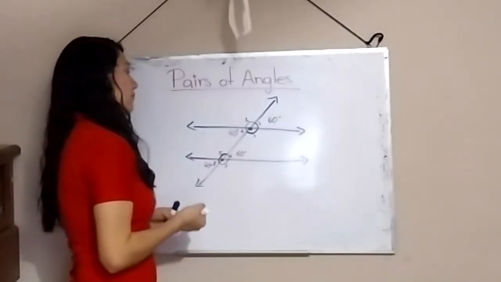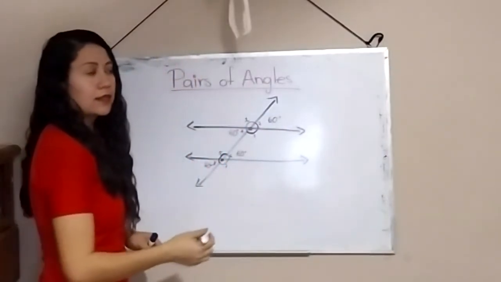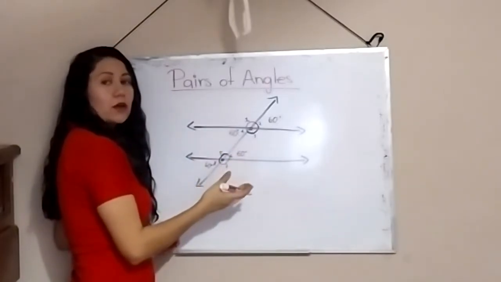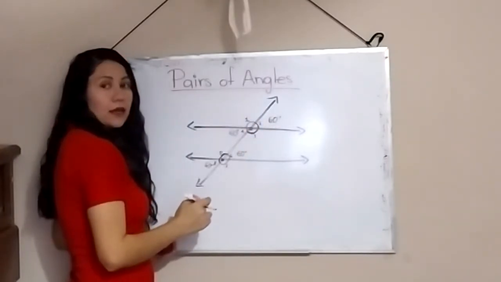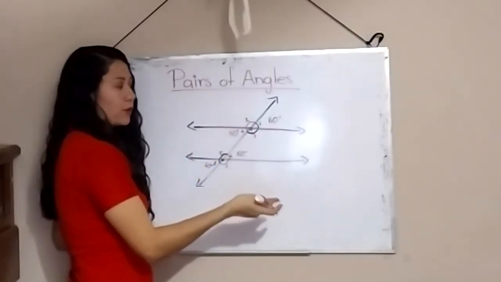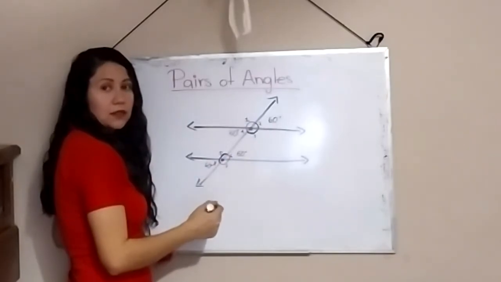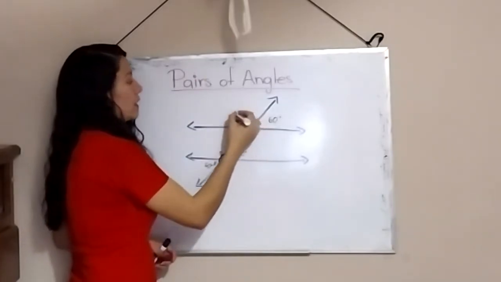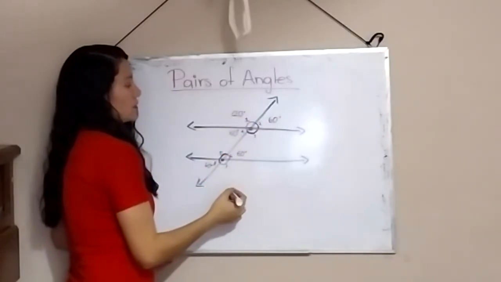Now, this is a straight line. The total measurement of the angle in the straight line is going to be 180. That way we know that angle number 1 is a supplementary angle to number 2. So what would be the measurement of angle number 1? It will be what we have left to get to 180, which is 120 degrees.